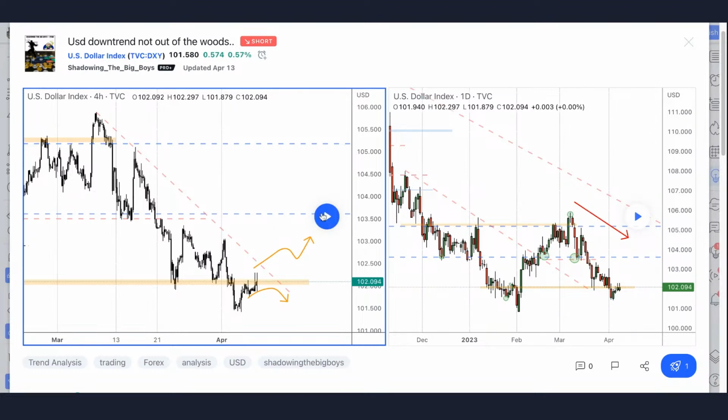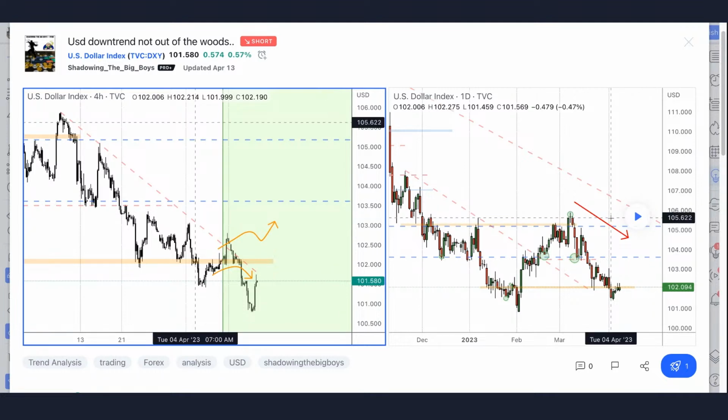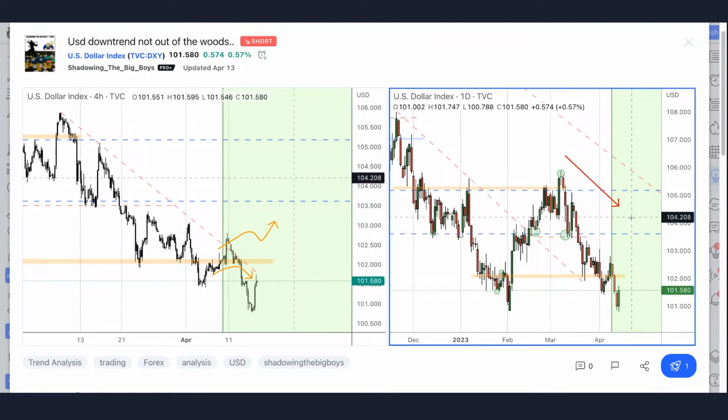So potentially, if you went short last week on a pullback, depending on how you wanted to trade.